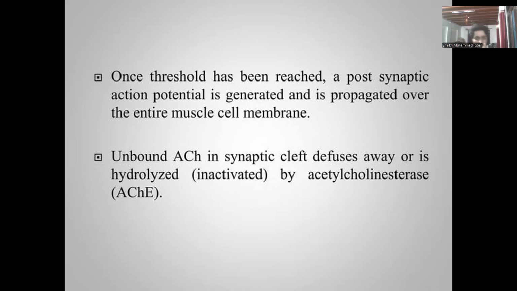Some of it binds to the receptors to produce a subsequent physiological response. The third is the one which is unbound. That unbound neurotransmitter is degraded by specific enzymes. In case of acetylcholine, it's degraded by acetylcholinesterase.